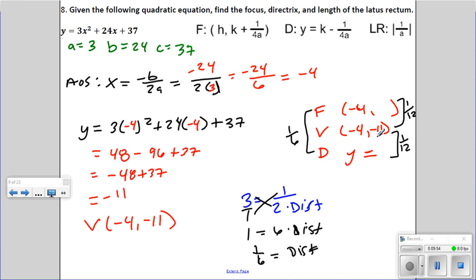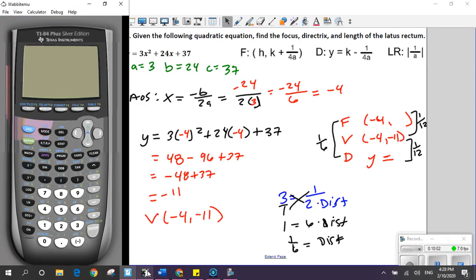So again, I'm going to have to add to get to my focus, but I'll have to subtract to get to my directrix. So negative 11 this time plus 1/12.